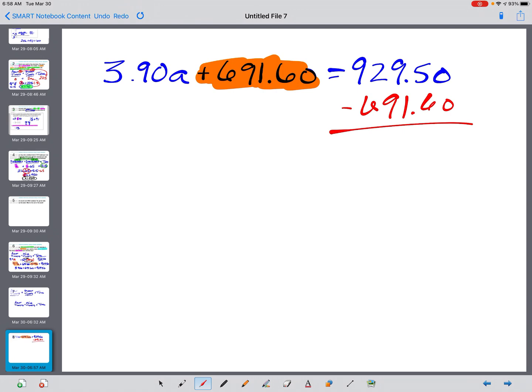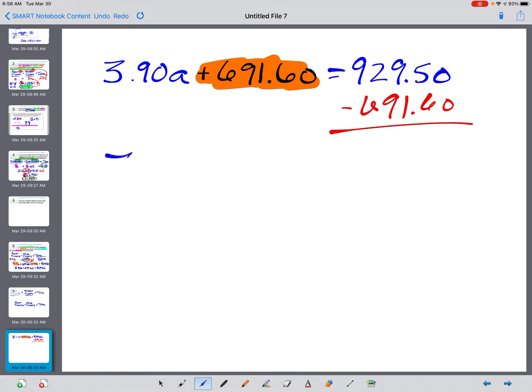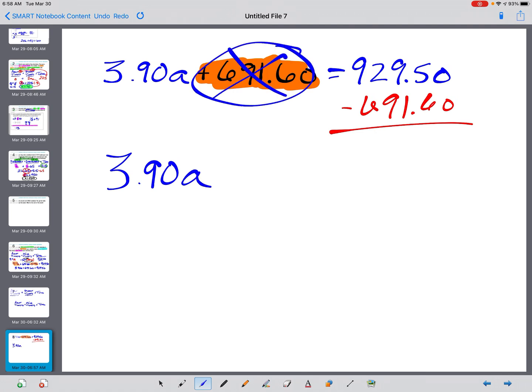All right, so we run that math. 929.50 minus 691.60 is 237.90. So I bring down the 390A. After I subtracted that out, we have 237.90.